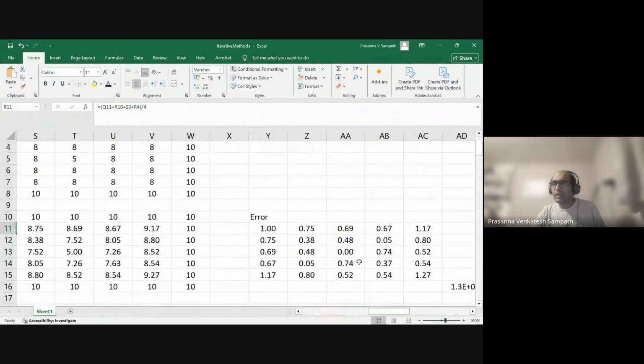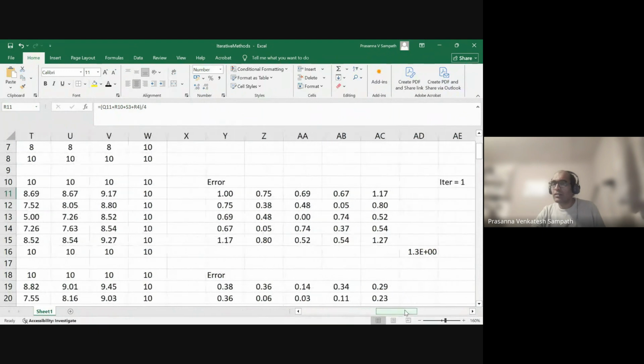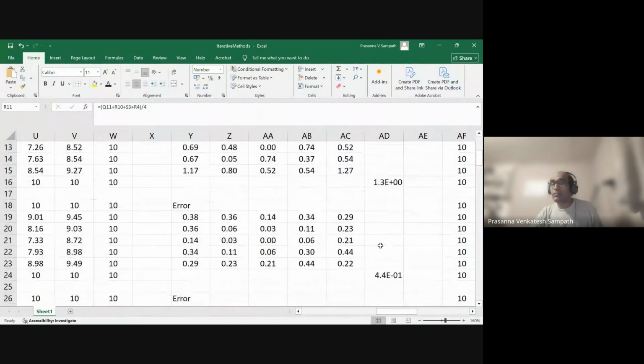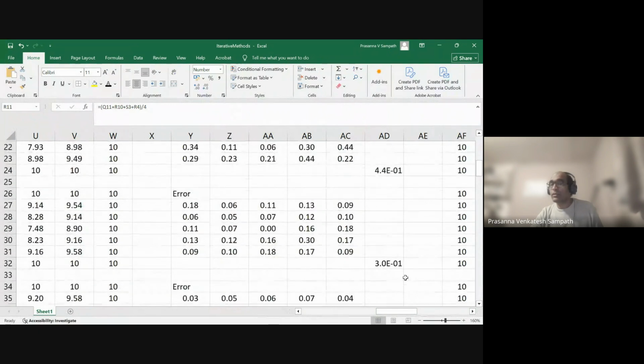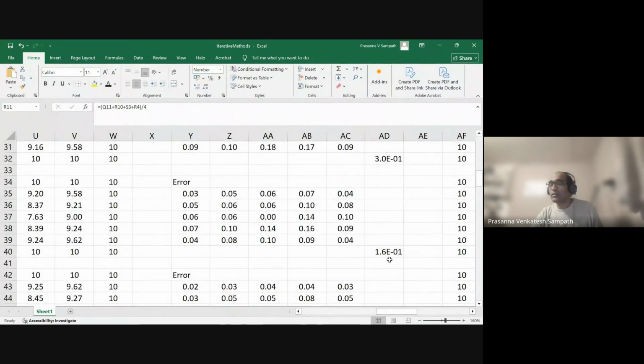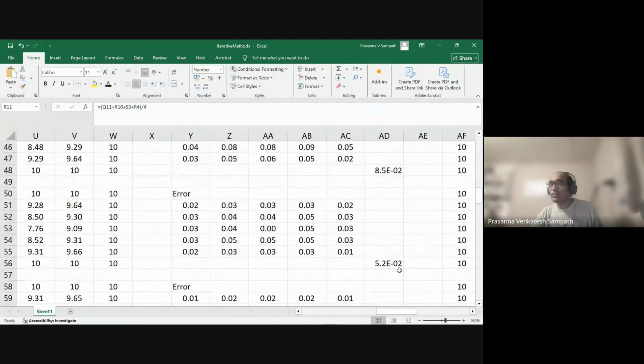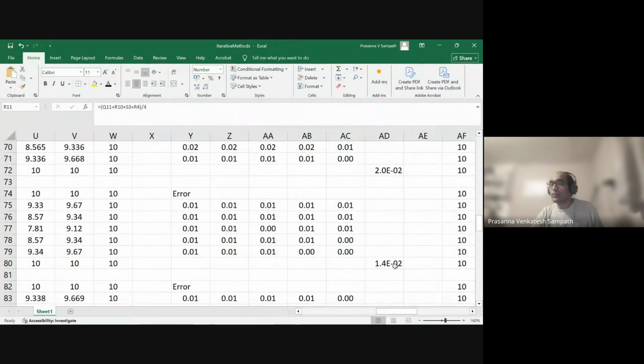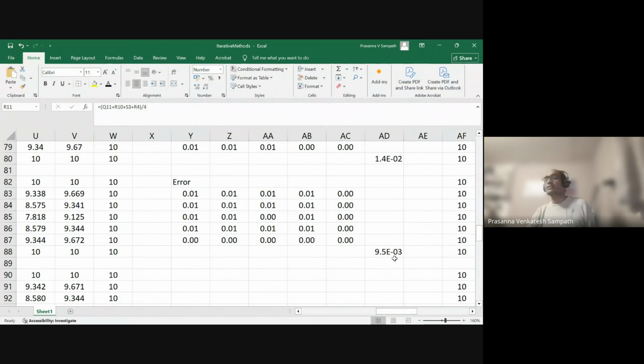So after one iteration, actually, Gauss-Seidel is worse off than Jacobi. But you will notice that, let me just keep going down. 4.4, 3e minus 1, 1.6, 8.5e minus 2, 5.2, 3.2, 2e minus 2, 1.4, 9.5e minus 3, which means this is about 8 or 9 iterations, right?